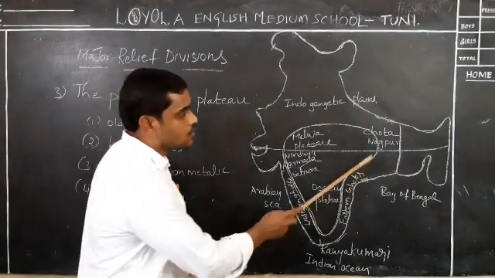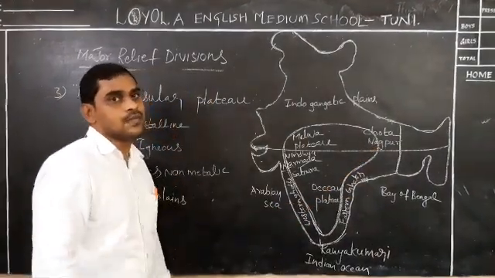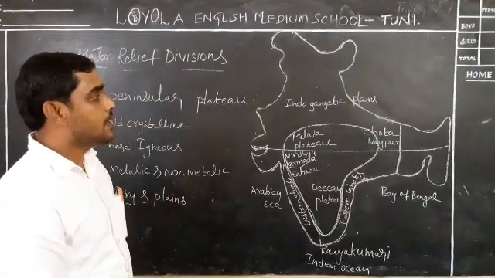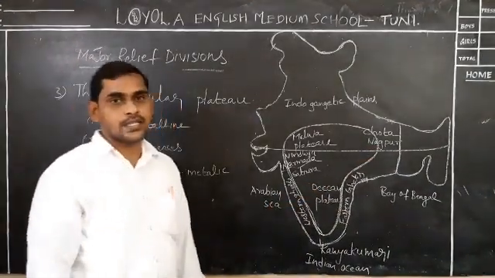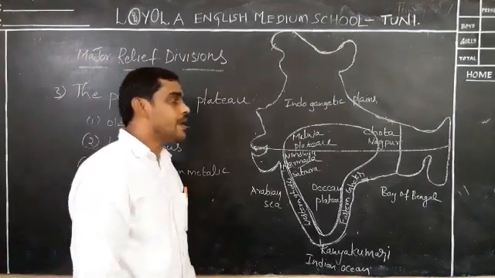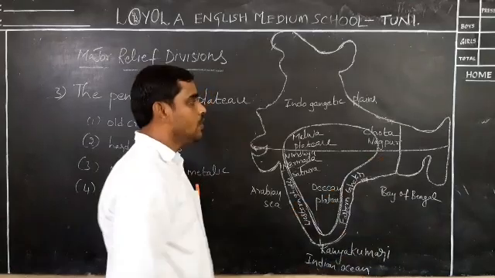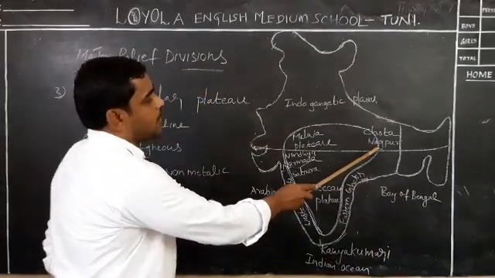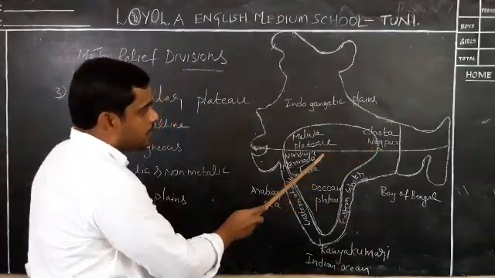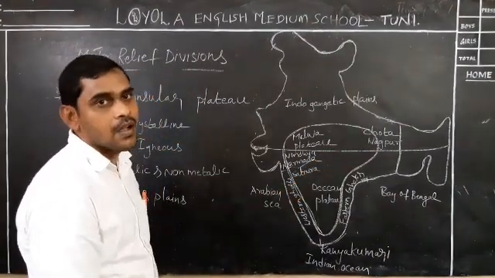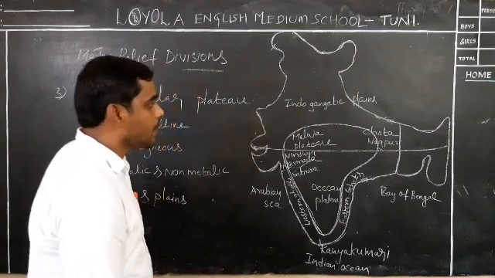This plateau is very famous for mineral resources. Most of the mineral resources are available in the Chota Nagpur Plateau, located towards the east of the Malwa Plateau. Do you understand this? Okay.